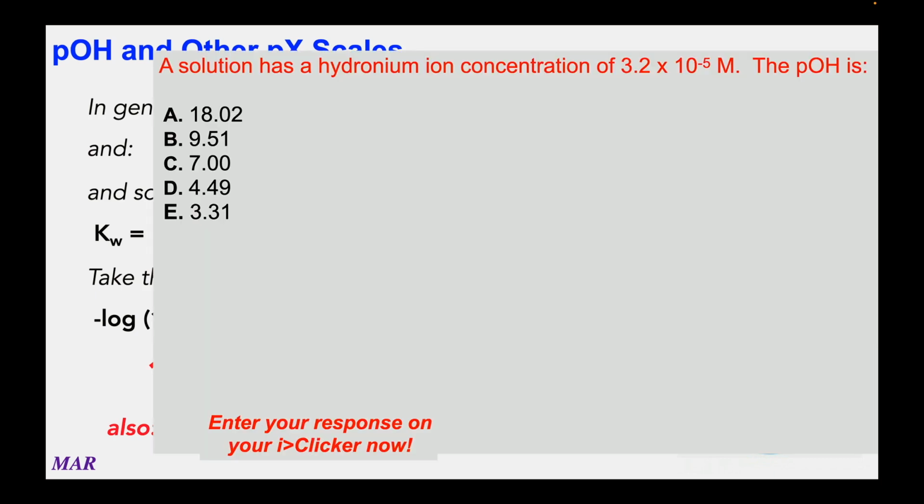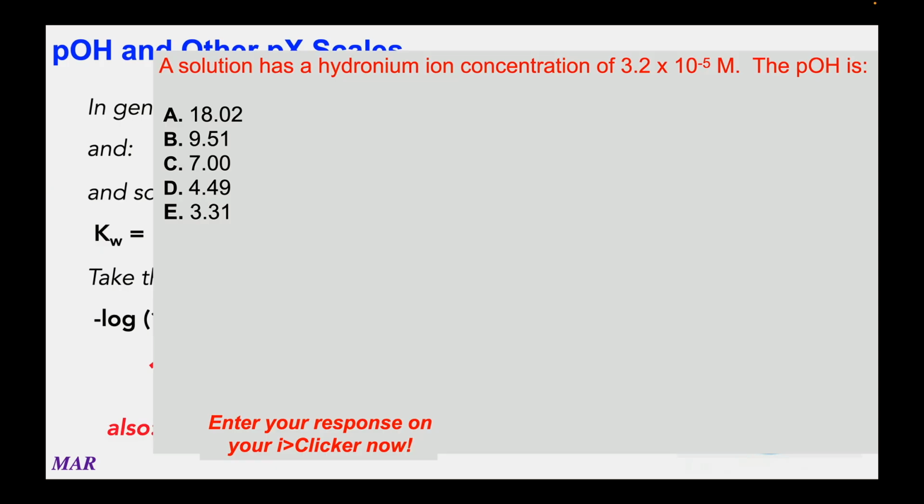We have a solution with a hydronium concentration of 3.2 times 10 to the minus 5. What is the pOH? Okay, hydronium is H3O+. OH- is hydroxide. So we need to translate the hydronium concentration into hydroxide to answer this question. There are a couple of different ways you could do it.